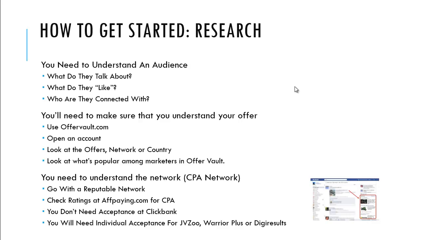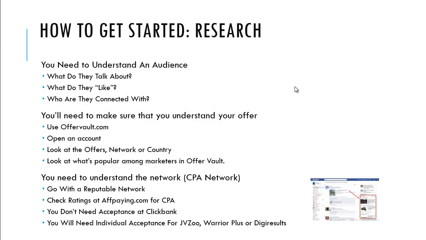Now, with the CPA network, you're reliant and dependent on the network having the funds in order to pay you. In most cases, that's going to happen, but you want to make sure that you're doing your research. When you find an offer on OfferVault, find a reputable network that you know is paying, and do your research on that network at afpaying.com.